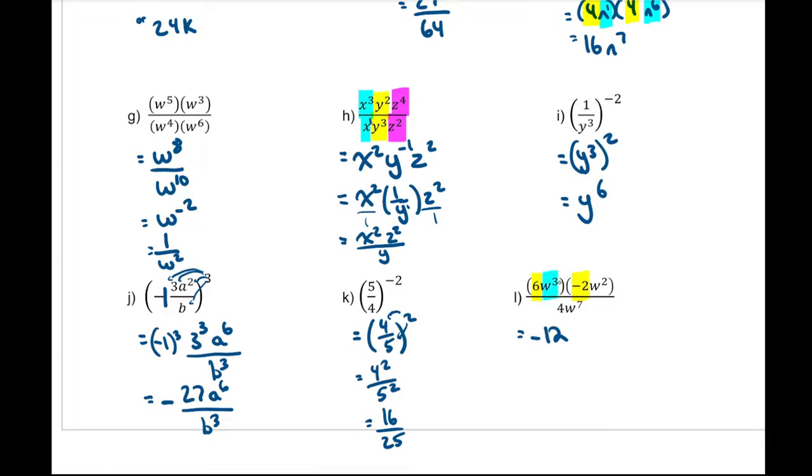I'm then going to focus on the powers with the same base. w to the power of 3 times w to the power of 2. Add my exponents, this becomes w to the power of 5, divided by 4w to the power of 7.